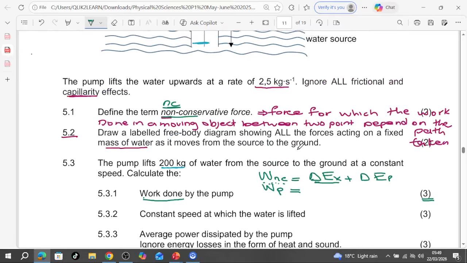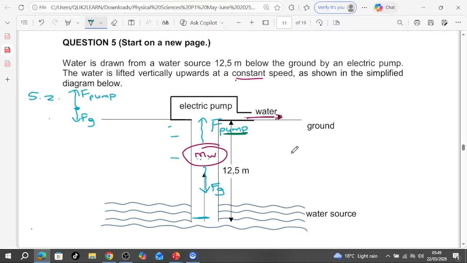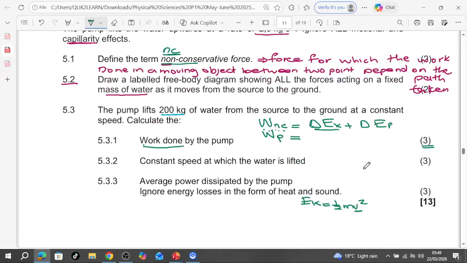Let's go back to the statement. They said this moves at a constant speed, so the velocity is 0 meters per second. So this gives us the right to say the EK will be 0. So I'm just going to say this is 0 plus the formula for this is mgh.